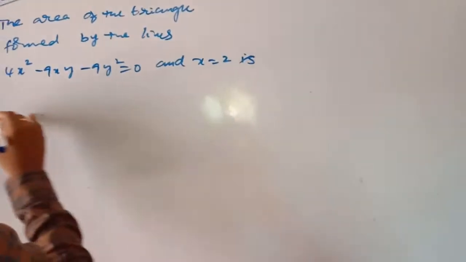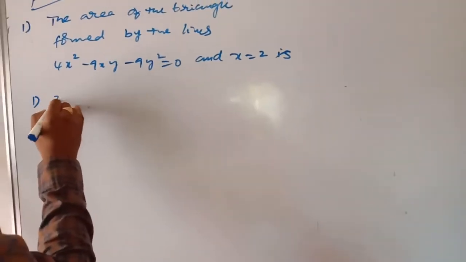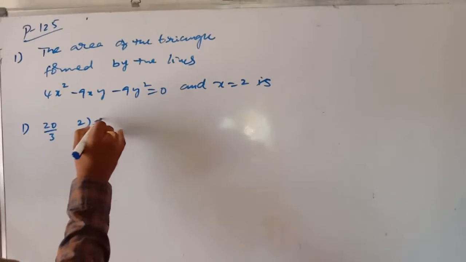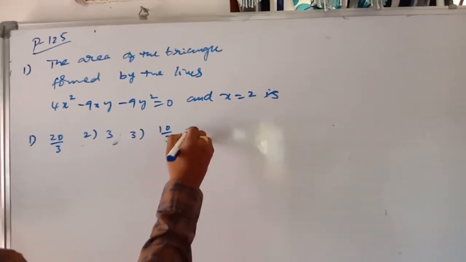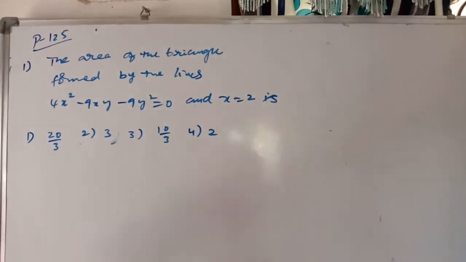Now here first option is 20 by 3, second option is 3 and third option is 10 by 3, fourth option is 2.